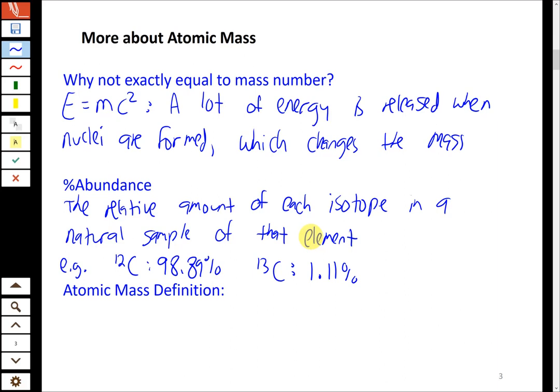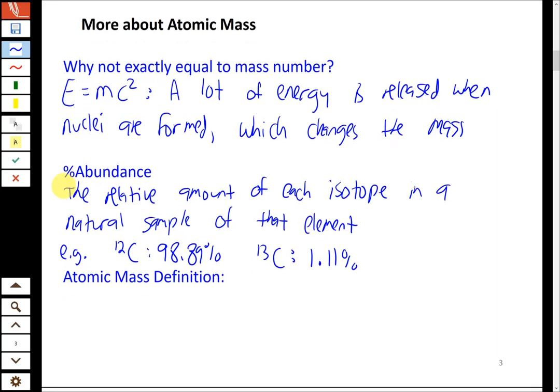And then what we do to define the atomic mass for the element, the one that we're actually going to use when we do calculations, is it's defined as the weighted average of all of the isotope masses.